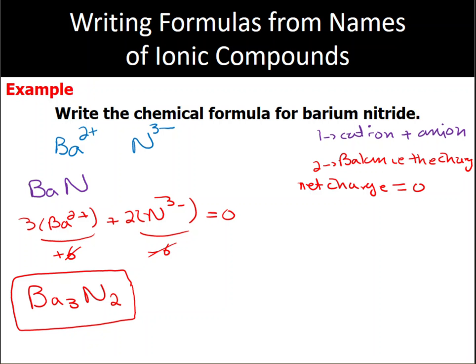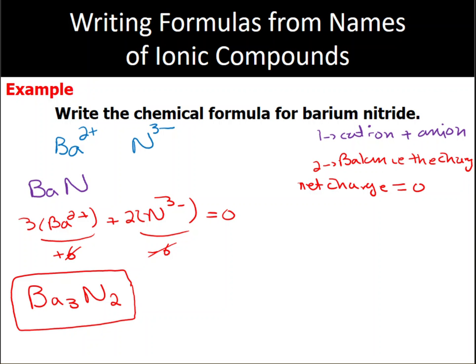The charge of nitrogen is 3-, so I gave the subscript of 3 to barium. The charge of barium was 2 positive, so I gave the subscript of 2 to nitrogen. This is the shortcut you can use in order to balance the charges for ionic compounds.